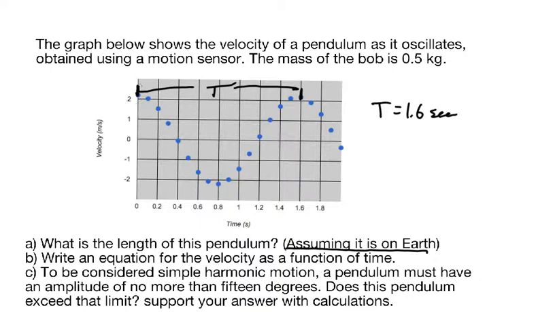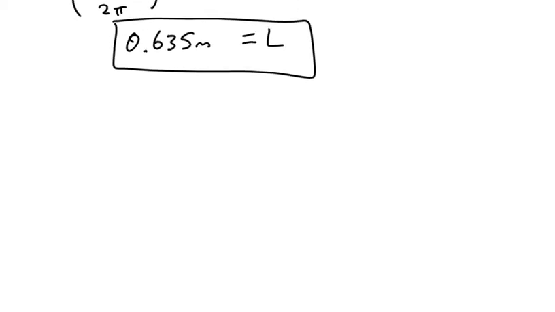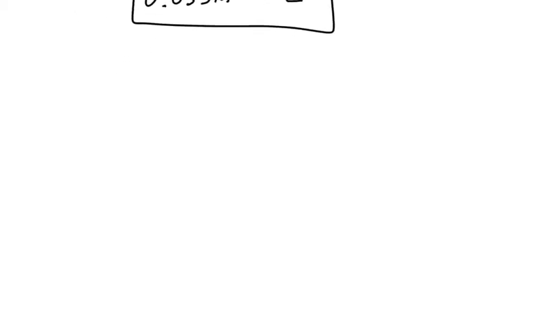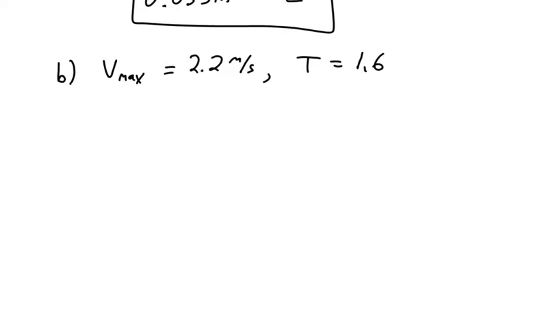So let's collate all that information here. For part B, we'll say Vmax is 2.2 meters per second. The period still is 1.6 seconds.